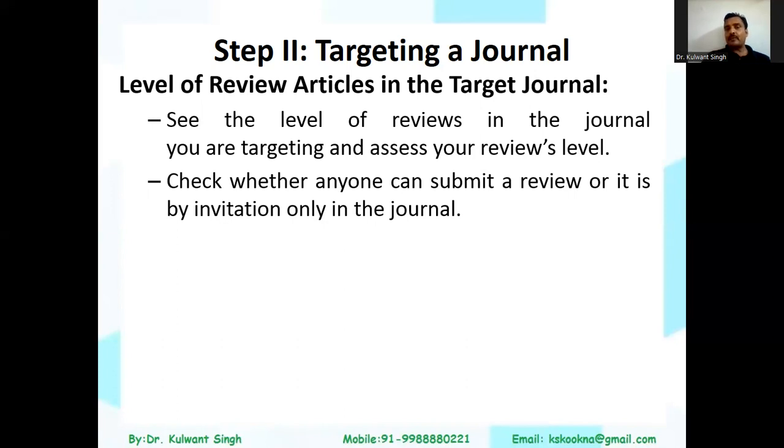Check whether anyone can submit a review or it is accepting by invitation only, because most of the good journals accept review articles only by invitation. So we have to check these criteria also.